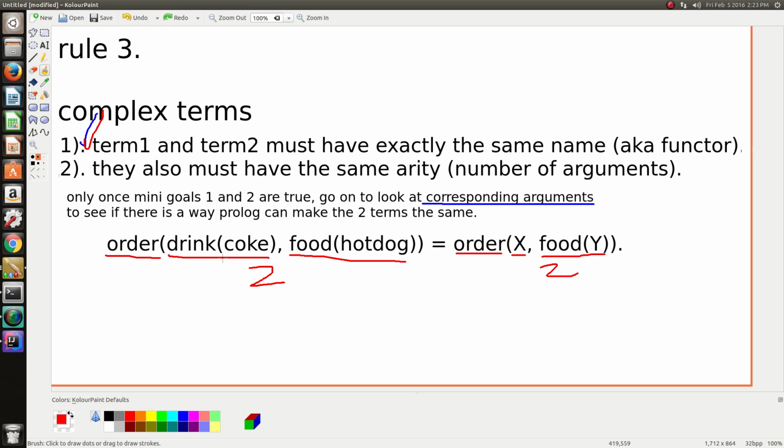So now Prolog goes and evaluates the corresponding arguments. So argument 1 and argument 1. How can Prolog unify these two arguments to be equal?